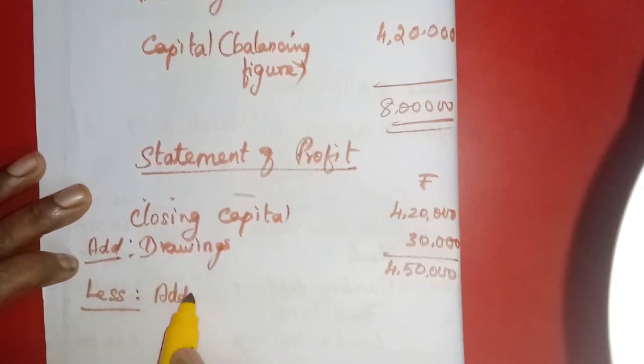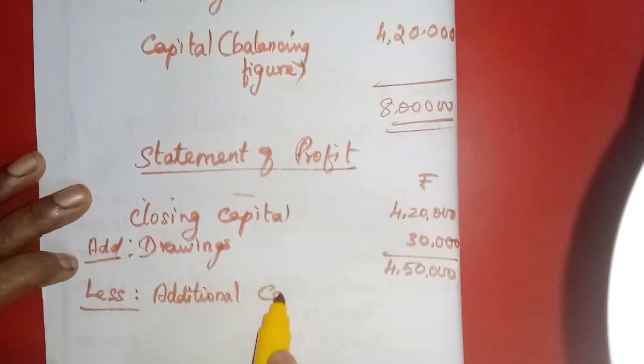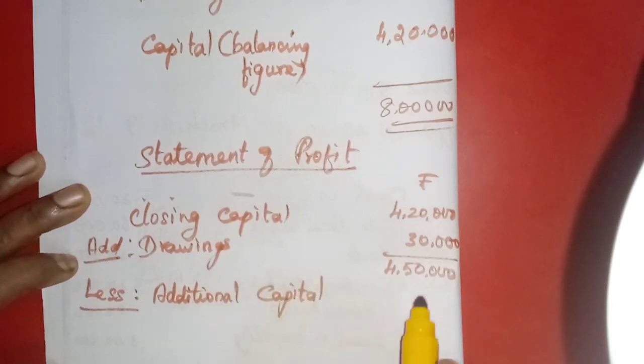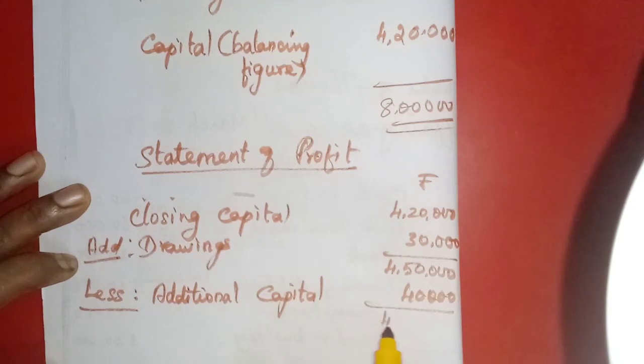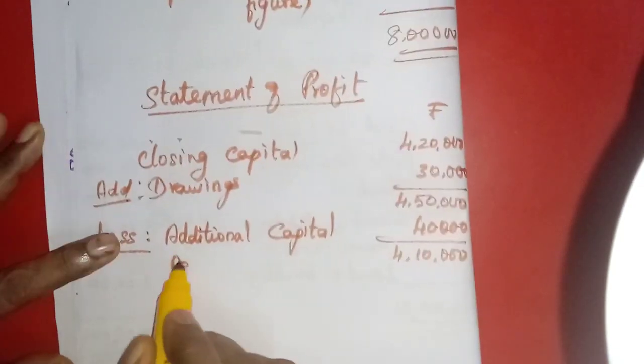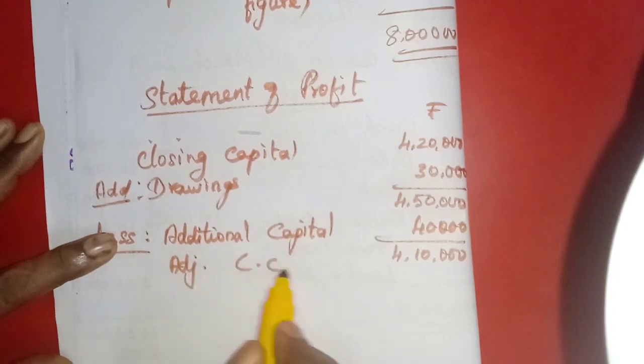Okay. Then less, additional capital. Additional capital 40,000. If we deduct this one, 4,10,000. This is the adjusted closing capital.